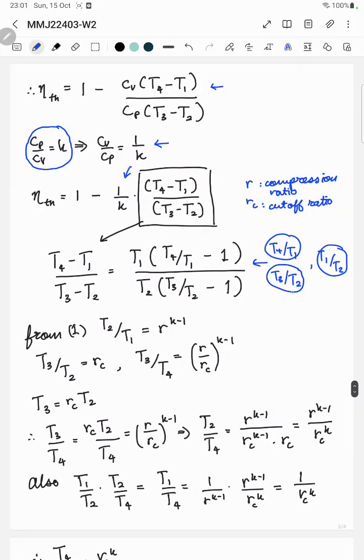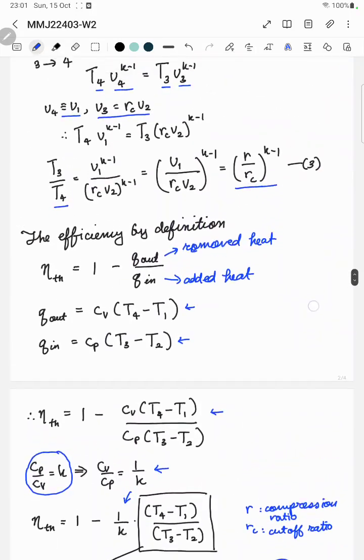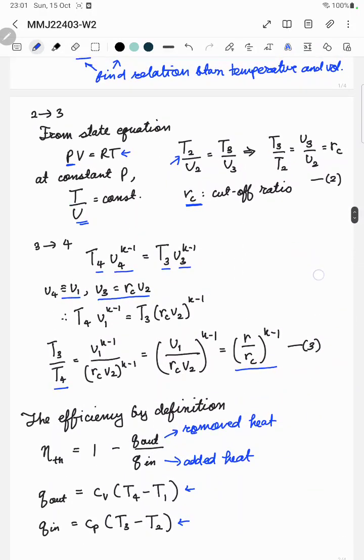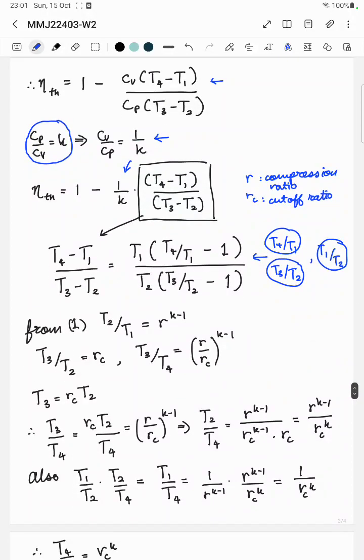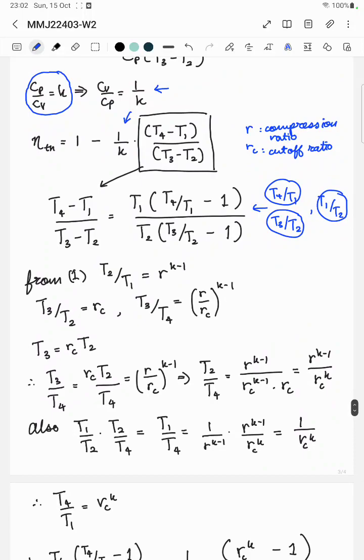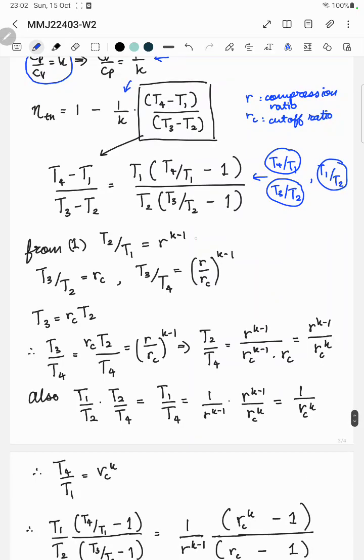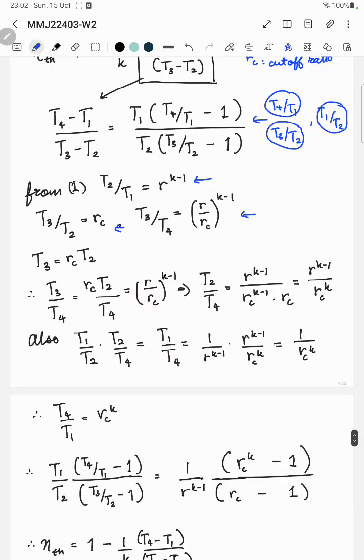And T3 over T2 is also calculated from our equation number 2, which is the cutoff ratio. So we are only left with the challenge of finding the ratio of T4 over T1. And this can be done by taking all the ratios together, substituting and manipulating, which is basically algebra in this case.